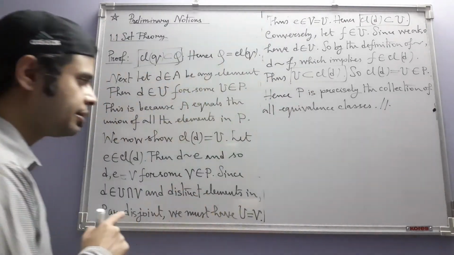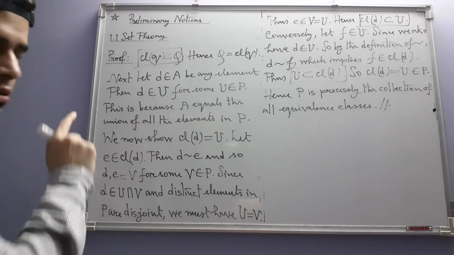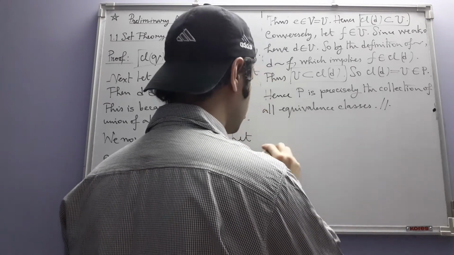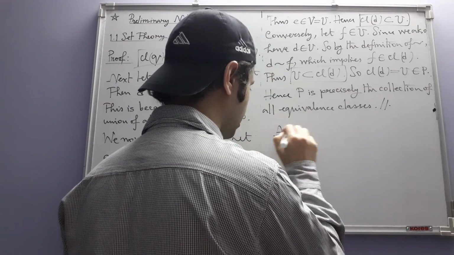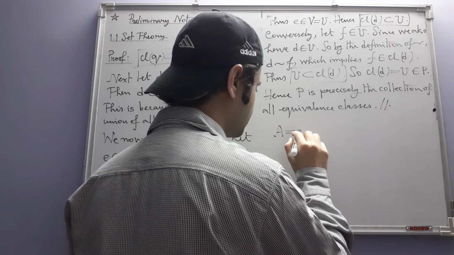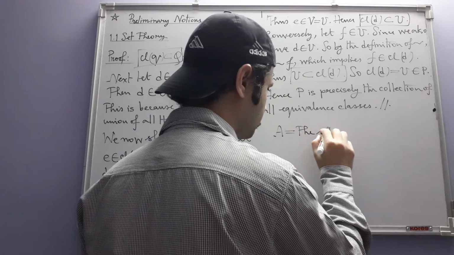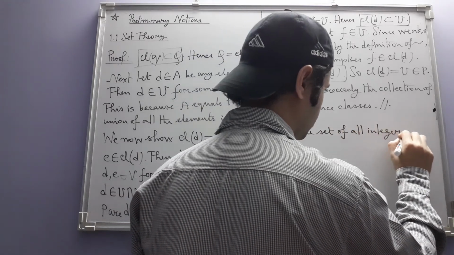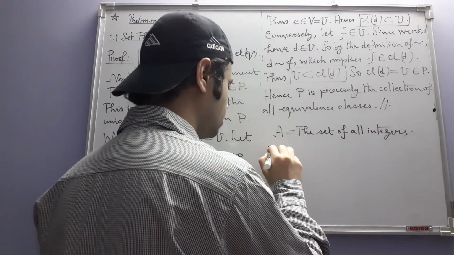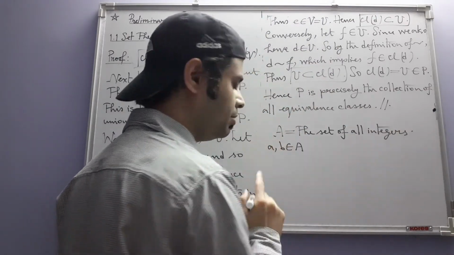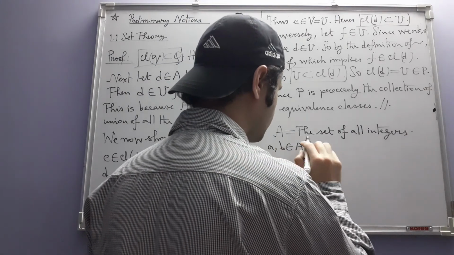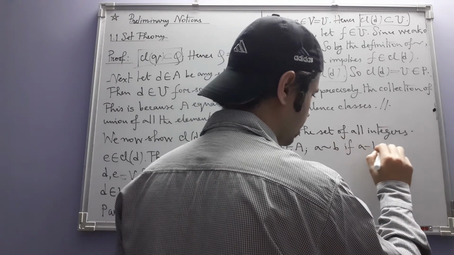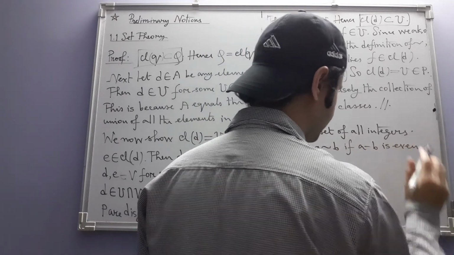In fact, we can take the examples that we have already seen before this theorem, and I would like to take that one where our A is the set of all integers, and for any two A and B in A, we define A is related to B if A minus B is even.